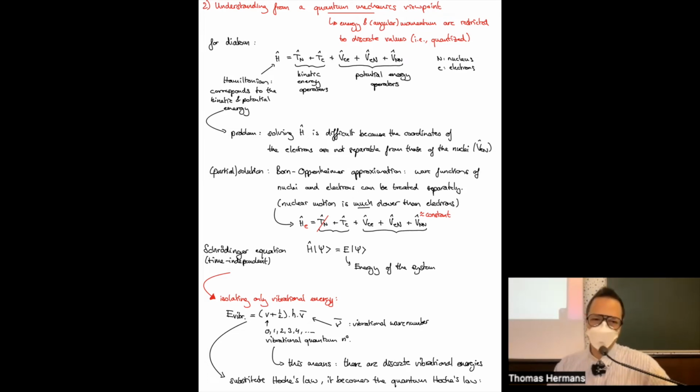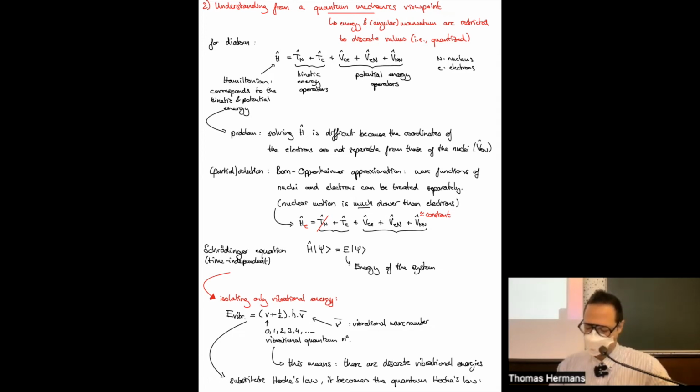So from a Hamiltonian, you can calculate energies using the Schrödinger equation. And we're going to use the time independent version.